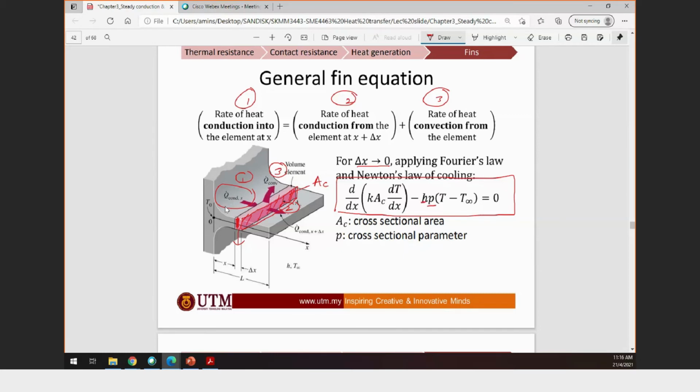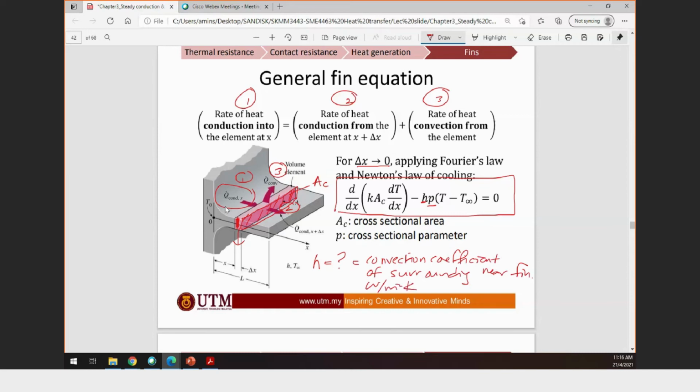H is the convection coefficient of the surrounding of the fin, with the unit watt per meter squared Kelvin.